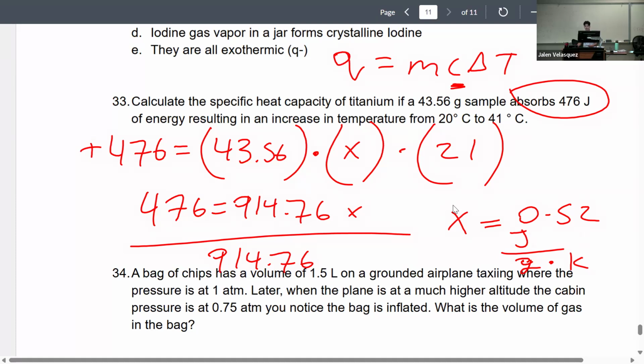Just remember that specific heat is the minimum amount of energy required to raise the temperature of a 1 gram sample by 1 degree. Remember it's delta T, so the difference will be the same no matter if it's Celsius or Kelvin.